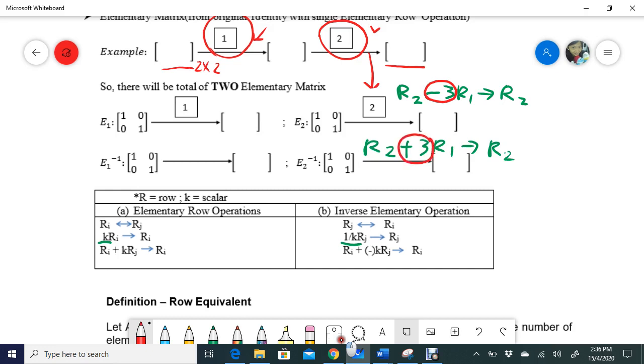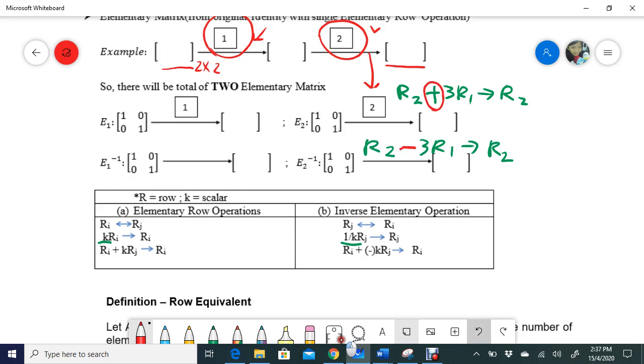Positive becomes negative, or addition becomes subtraction. Is that okay? I'm sure this is clear, right? Let's say this is R2 plus R3. Then your inverse will have minus, because this is positive or plus.